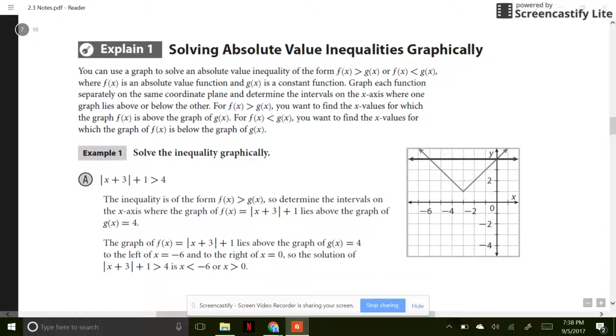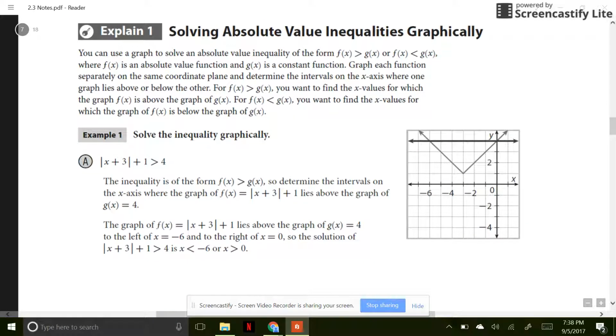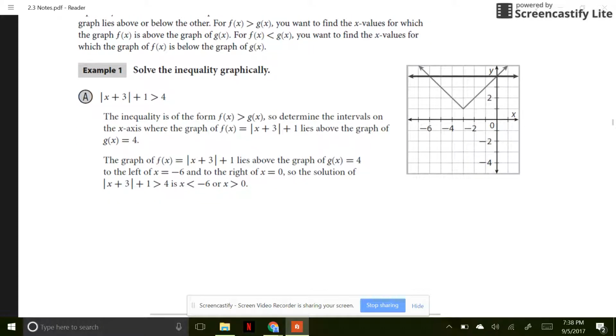So what do these look like graphically? It's going to look the same as we did before. This time we're just checking what are the values either below if we're wanting less than the number, or above if we want the greater than. So for example here we have absolute value x plus 3 plus 1 is greater than 4. So we're trying to determine where the graph of the absolute value portion of the function lies above the graph of our horizontal line at 4.